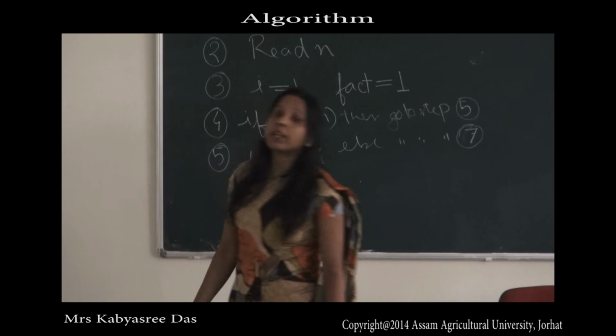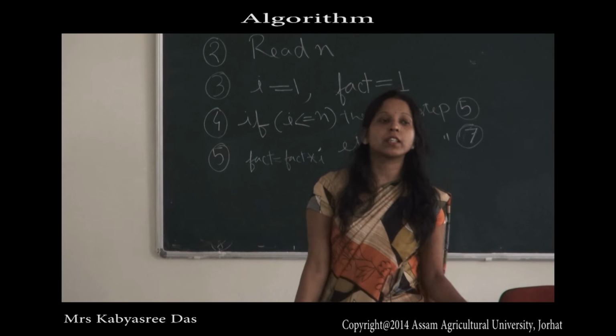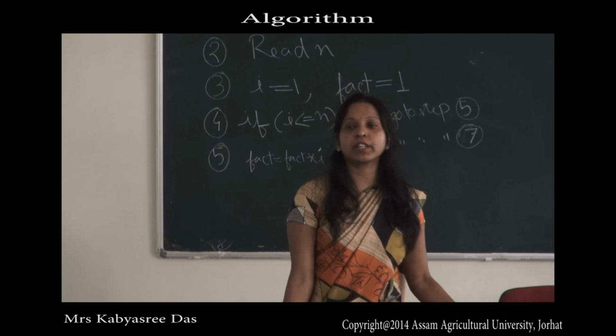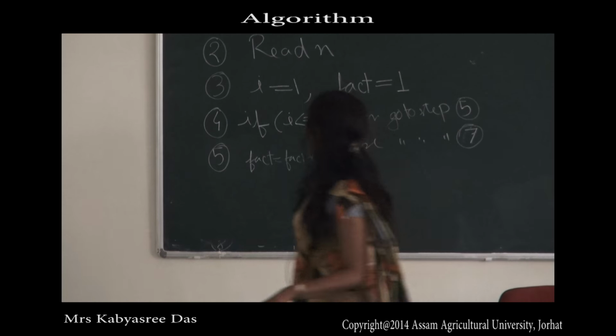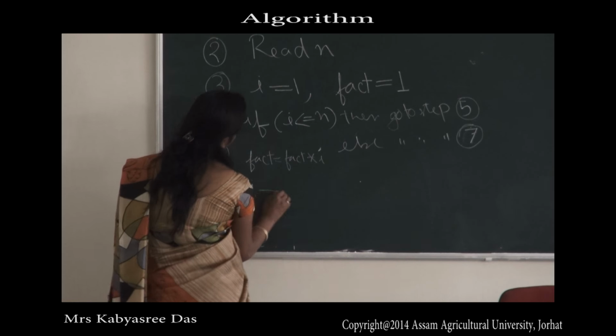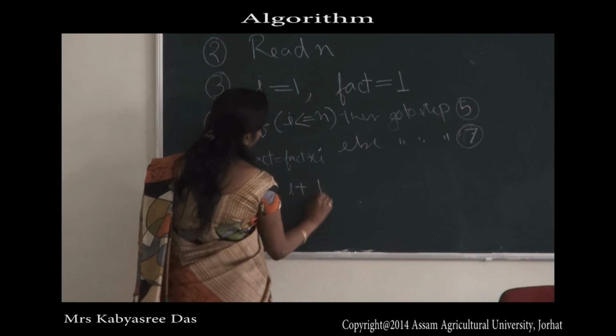Here you write the step fact equal to fact into I. And in step 6, the same as before, I equal to I plus 1.